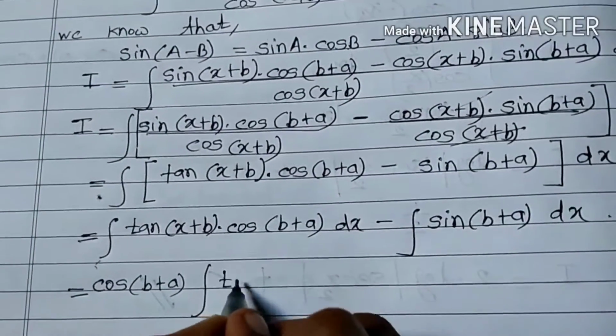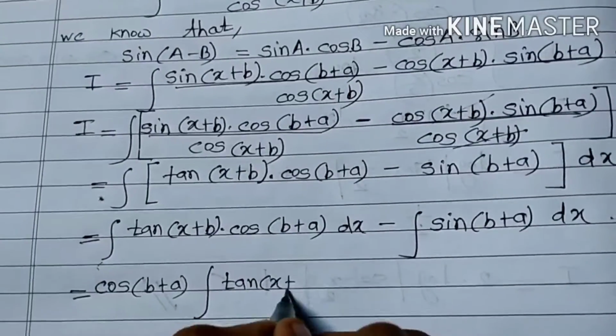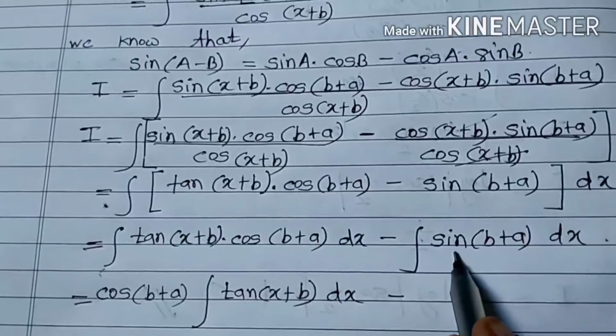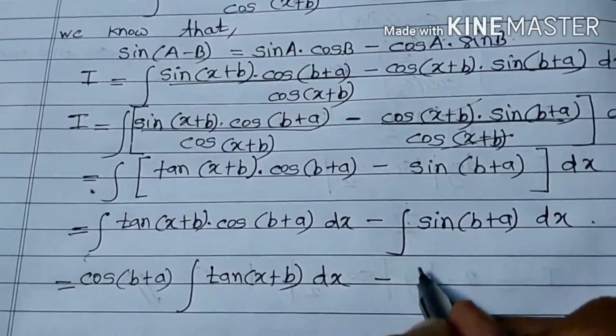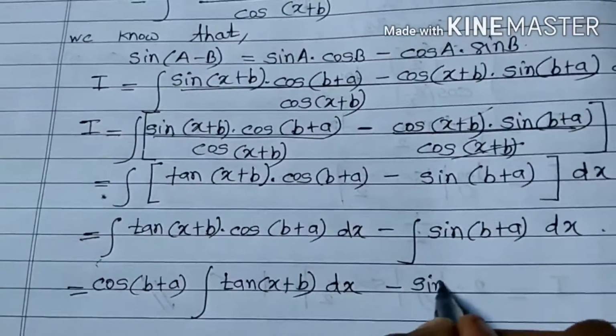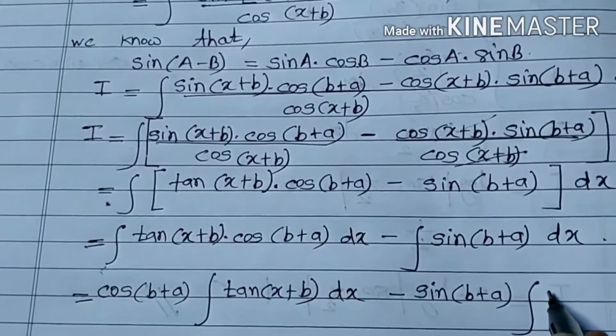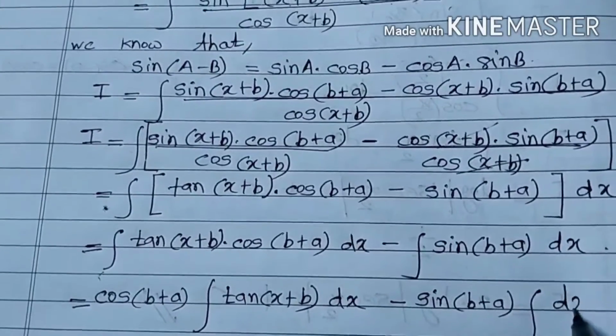integration of tan x plus b dx minus, here also sin b plus a is a constant, so take outside of integration, into integration of dx.